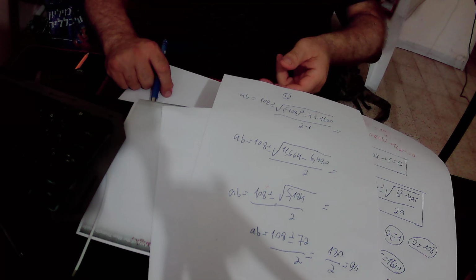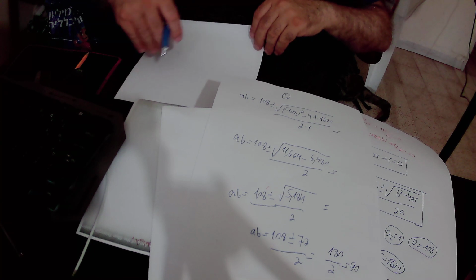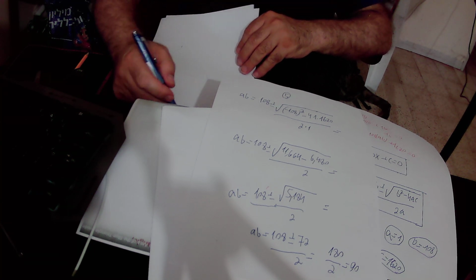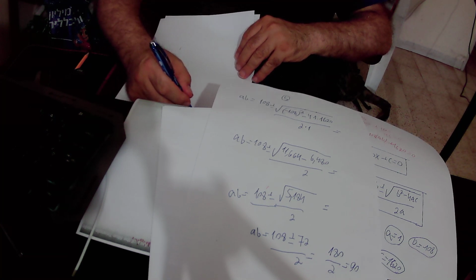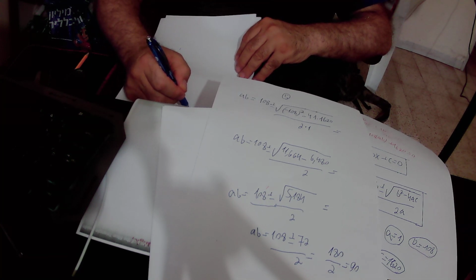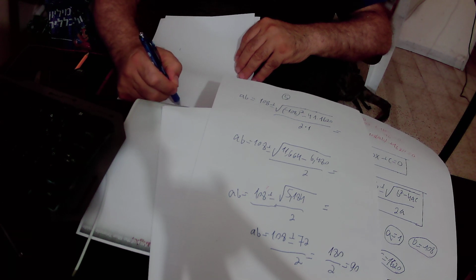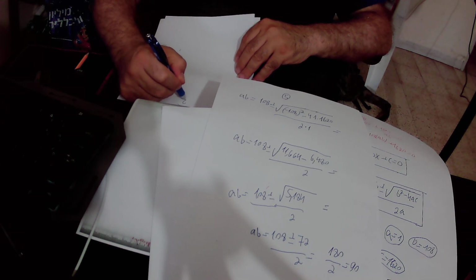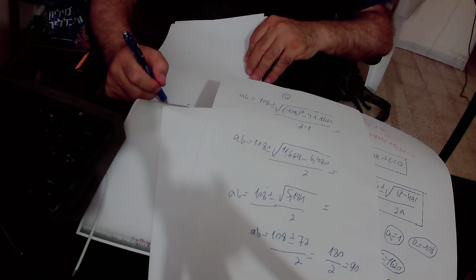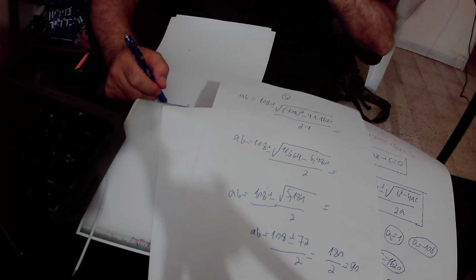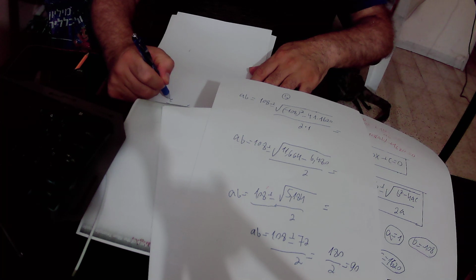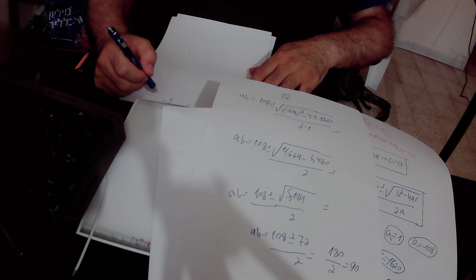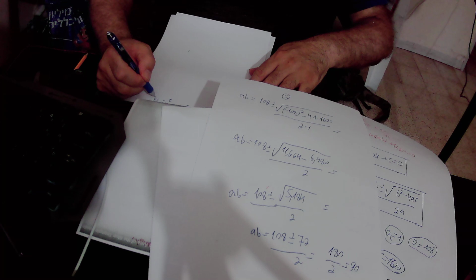And the second solution to the quadratic equation will be 108 minus 72 divided by 2 equals 36 divided by 2 equals 18.